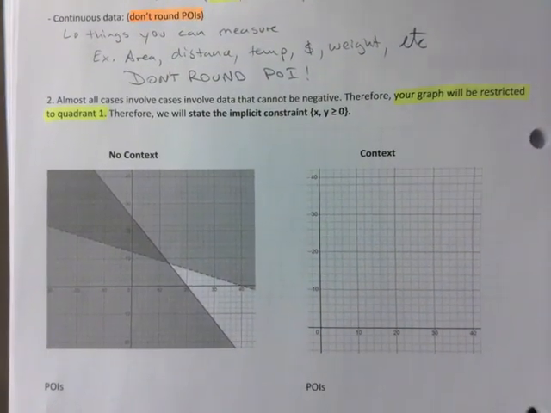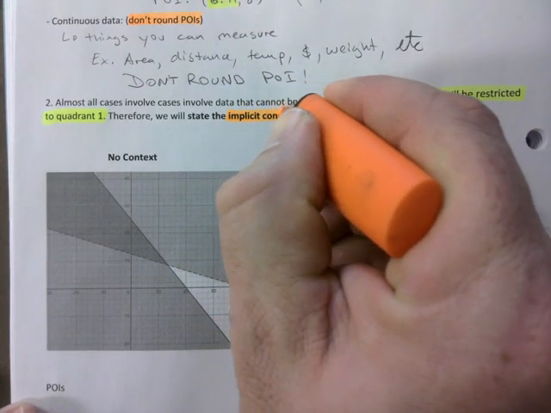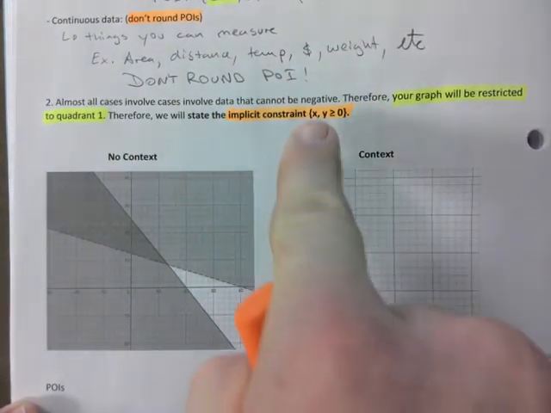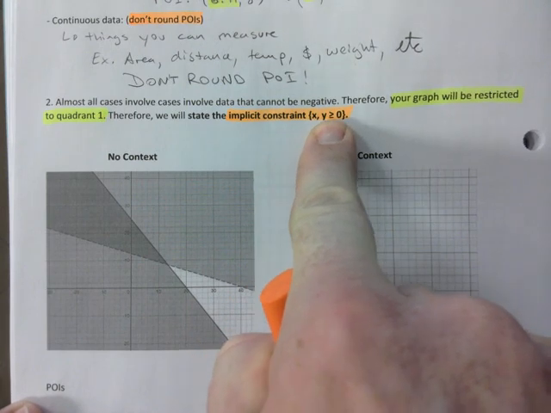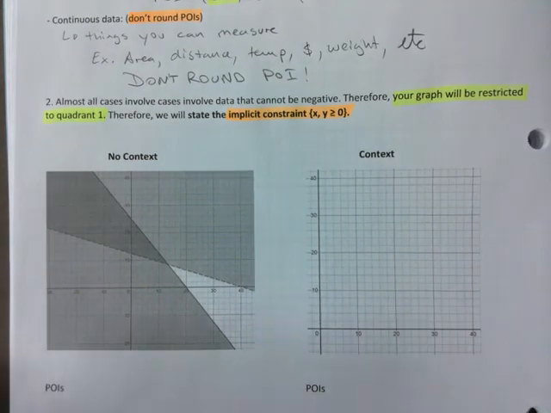And here is the implicit constraint: we're saying that both x and y have to be greater than or equal to 0.